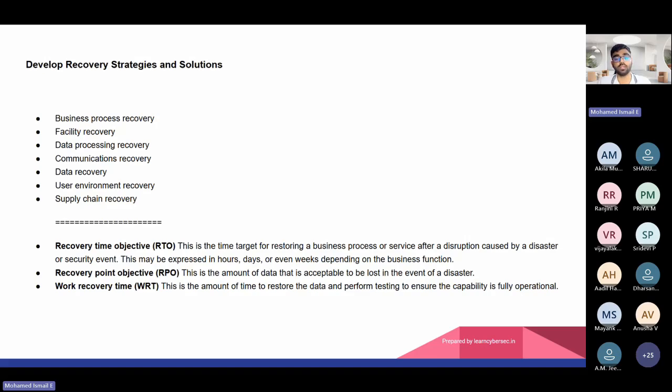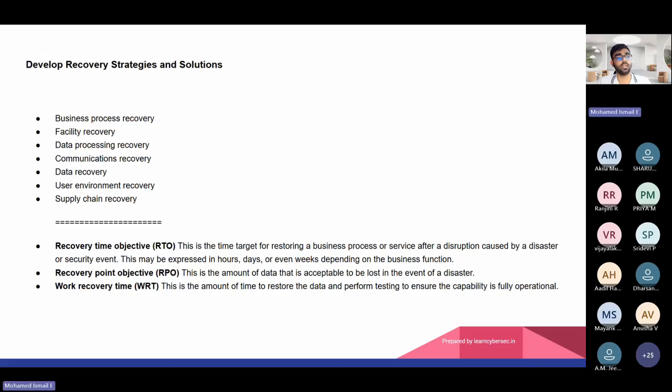So the recovery time objective is important when you are planning for a business continuity plan. This is the time target. Let's say the flood happened. I started the business continuity plan. The plan will execute and recover the business. The recovery time objective is the target for restoring the business. Maybe let's say a flood happened.